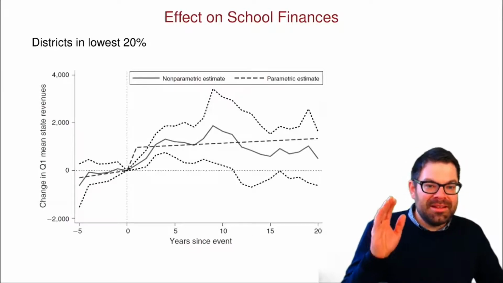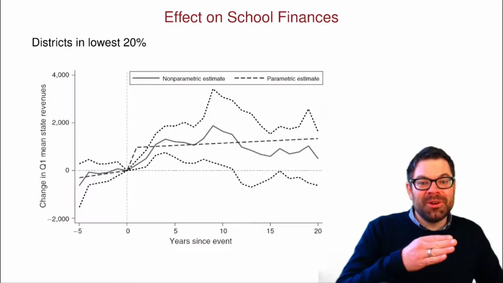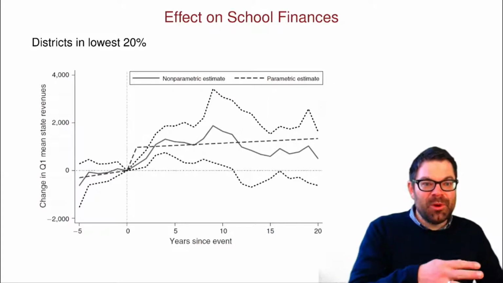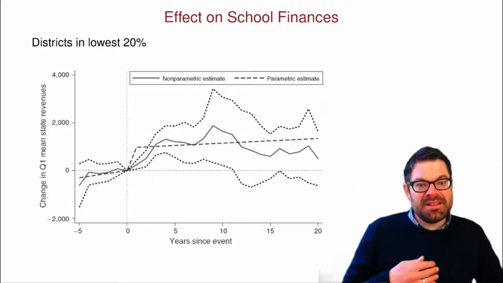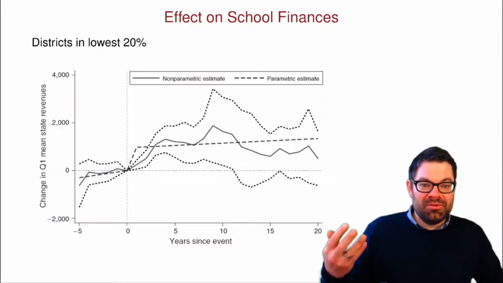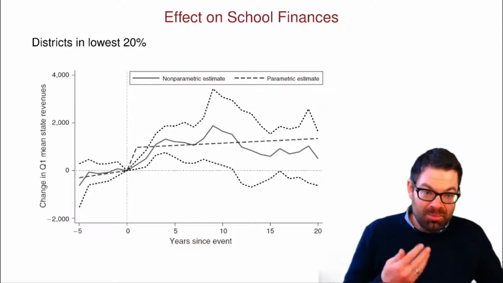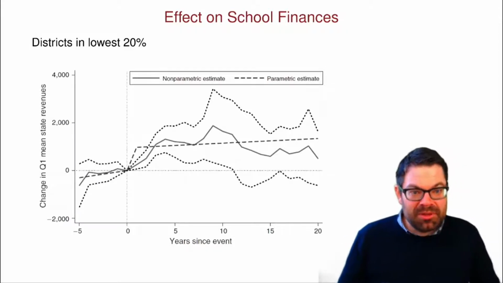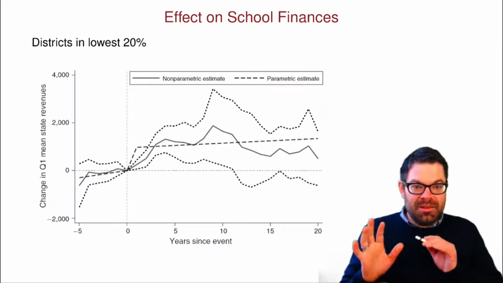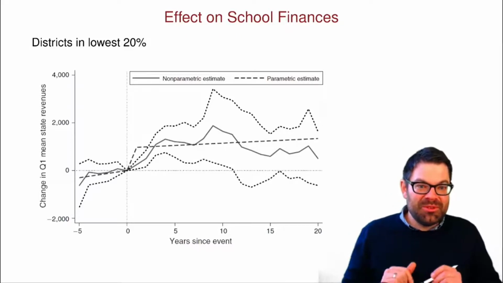And they find that at least 10 years after the reform kicks in a state, there is a positive effect. So that state sees a disproportionate increase in school finances in the bottom quintile, which is where you would expect it to happen. That's also for practical purposes very important.